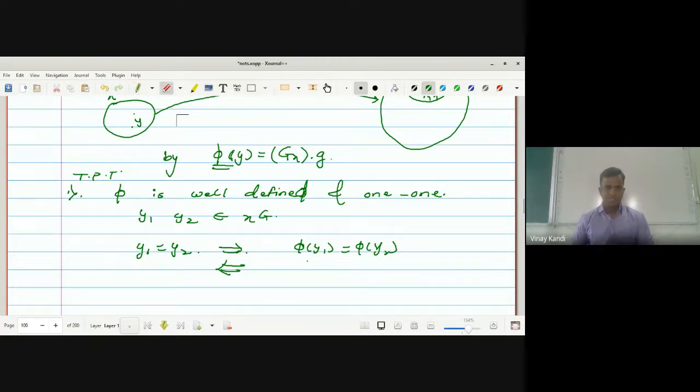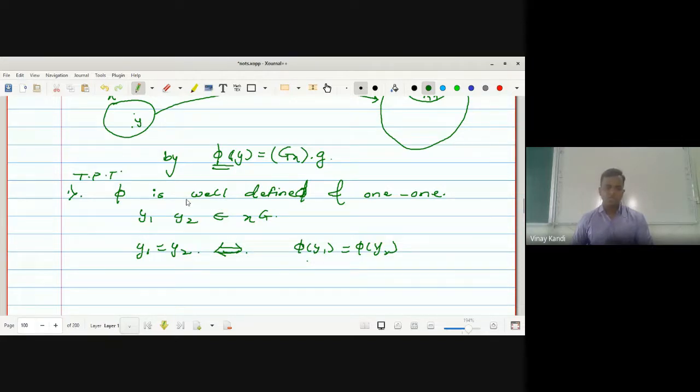So we do implies and implied by. Suppose y1 equals y2 implies and is implied by phi of y1 equals phi of y2, then this function phi is well defined. Why are we going to prove this function is well defined?